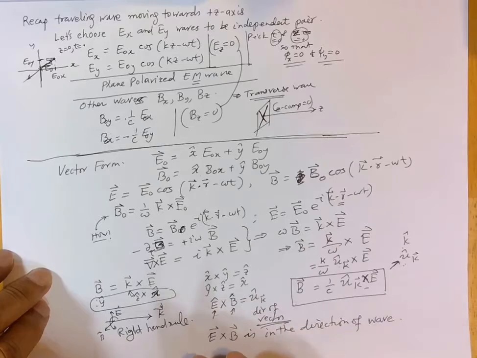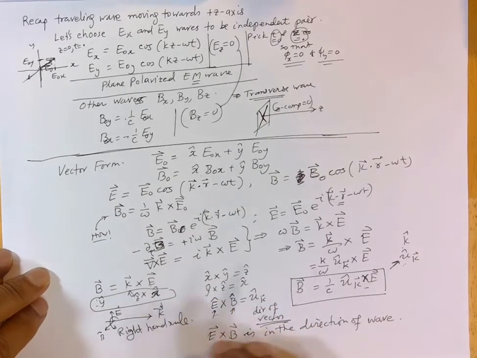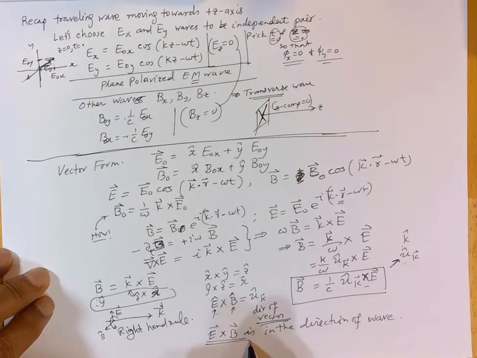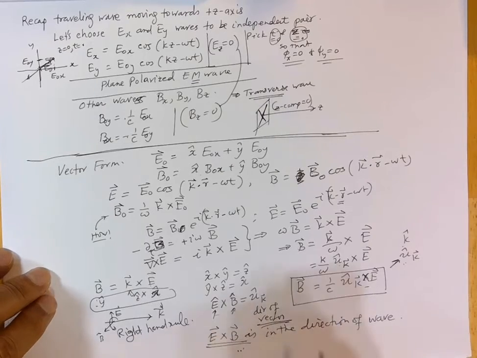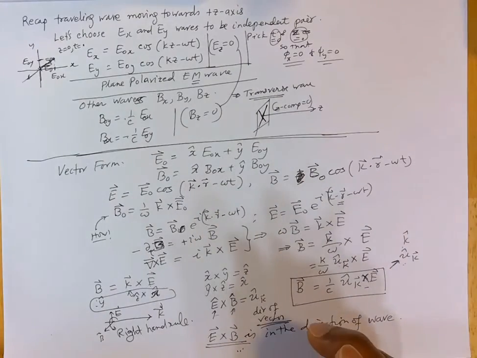Okay, so when you work out energy, I'm going to work out energy next, we are going to see that this kind of cross product plays a very interesting role. There is a quantity that we define to write all of these things in.